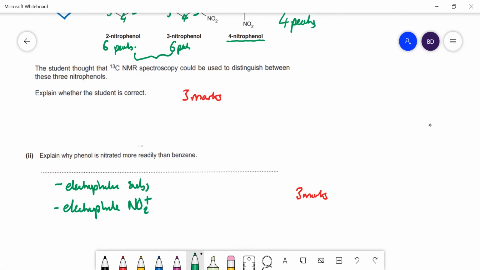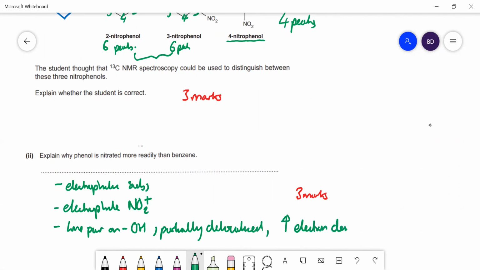Now, it's going to react faster with phenol because in phenol, the lone pair on the oxygen is partially delocalized. That increases the electron density on the benzene ring, which makes it easier for electrophiles to react with it. So that's your 3 marks there.